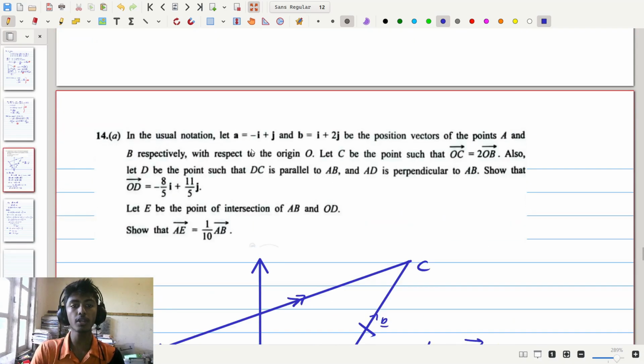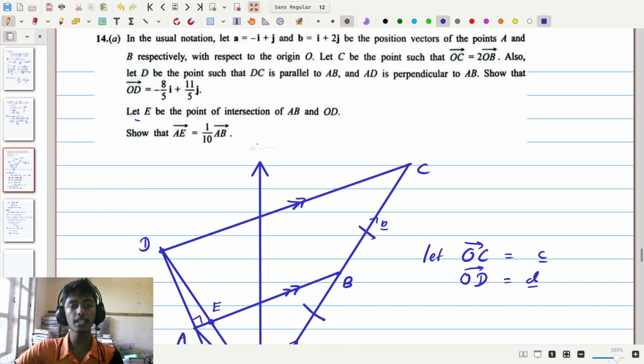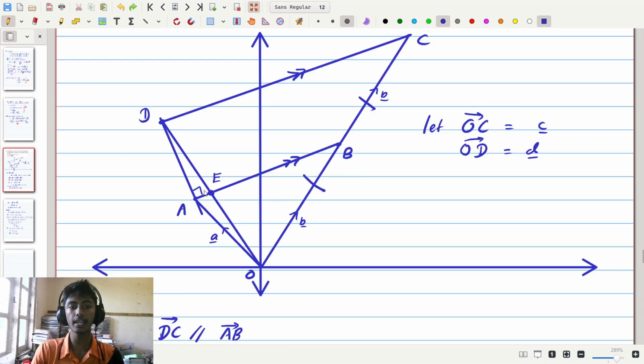Now, after finding the OD vector, they then asked us to let E be the point of intersection of AB and OD, and given that we have to show that AE is equal to 1/10 of AB. Now, looking at AB and AE, since all 3 points are collinear, since by definition E is the intersection of AB and OD, we can say that considering the AE vector and AB vector, AE vector is going to be a multiple of the AB vector, or scalar multiple we could say.